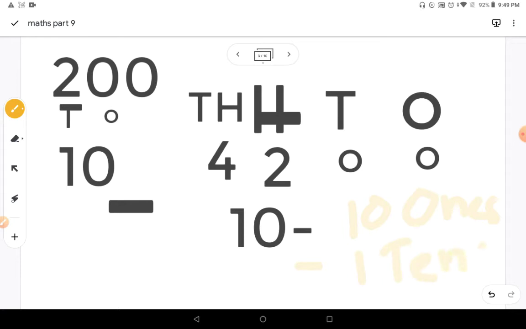Both are correct. These are the different representations. You can represent 10 only in these two ways, because there is no hundreds and no thousands. You have only the ones place and tens place.